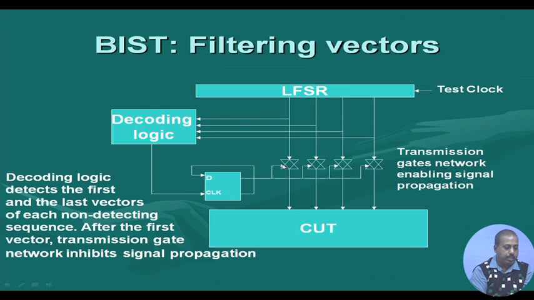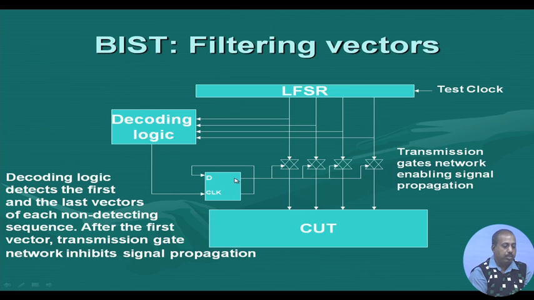As a result, this transmission gate network will be on. So, whatever pattern is generated by the LFSR will come to the circuit. But this decoding logic is also continually looking into the patterns generated by the LFSR, so when it sees that the next few patterns will not detect any new fault, what will it do? It will give a clock pulse to this flip flop.